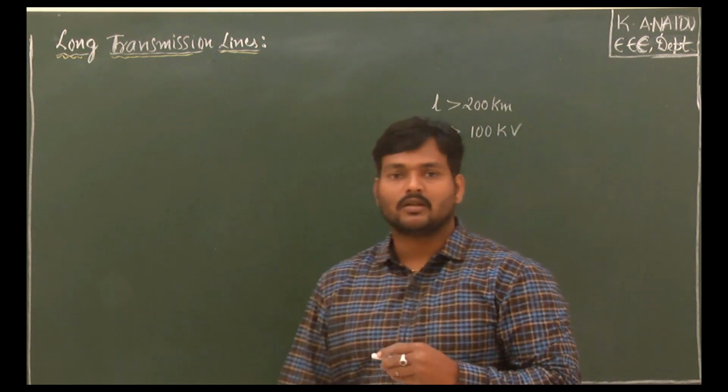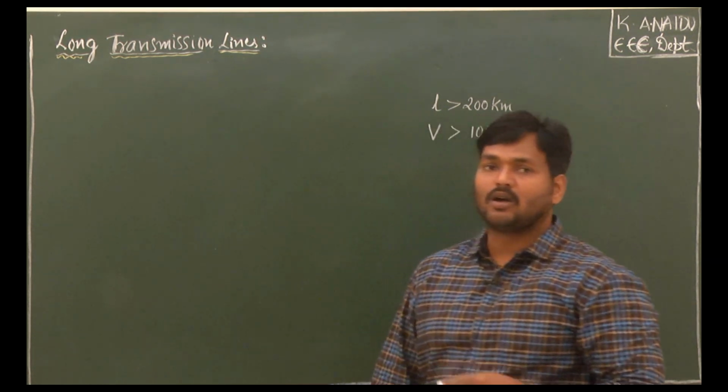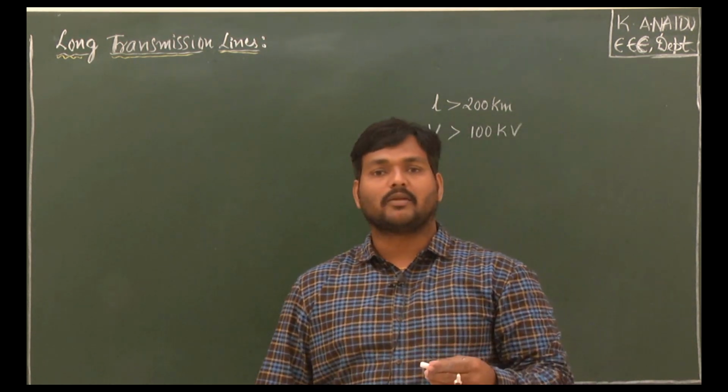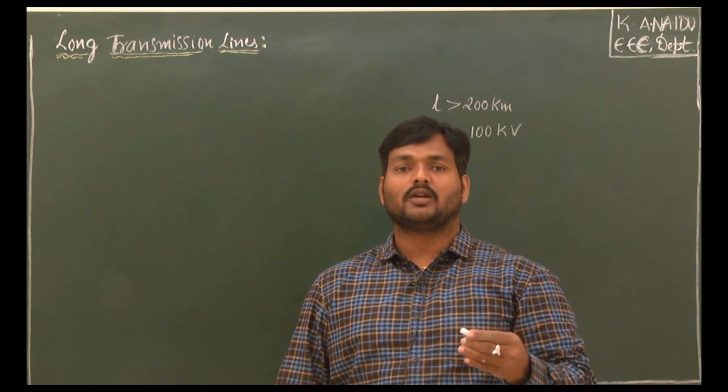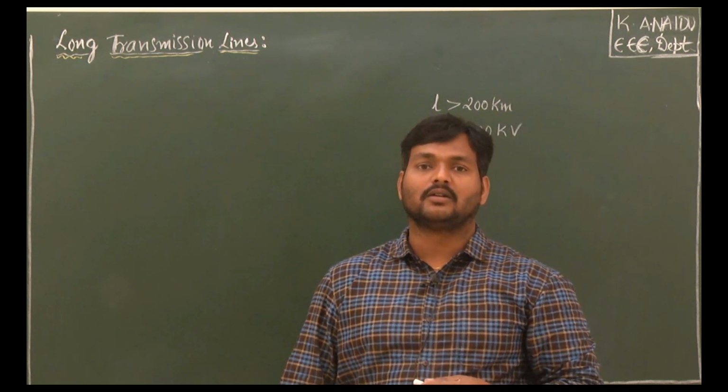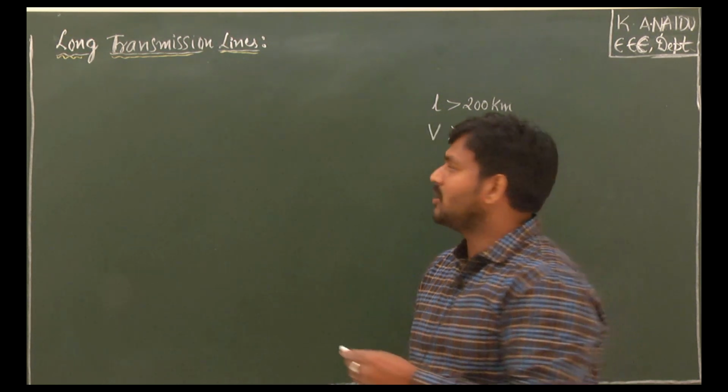Further, we have studied that for the long transmission line, all the parameters like resistance, inductance, capacitance are assumed to be distributed throughout the length of the line. They cannot be taken as the lumped parameters.